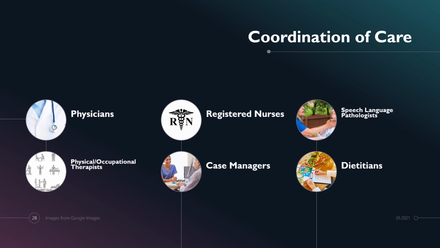So the coordination of care in the intervention: obviously we work with a lot of different health professionals, and that includes the physicians, the registered nurses, the speech language pathologists, the physical and occupational therapists, the case manager, and then again the dietitians who are on the team as well.